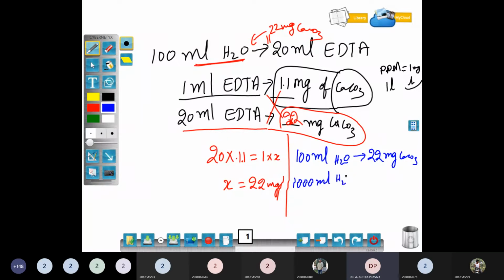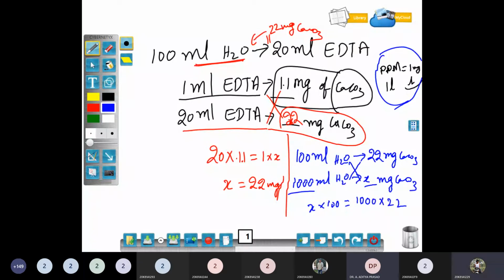Why do we need to take it for 1000 ml? Because in the problem they have asked for 1 liter, that is 1 milligram per liter. So I am doing it for 1000 ml, which is equal to 1 liter. Again do the cross multiplication. x into 100 is equal to 1000 into 22.